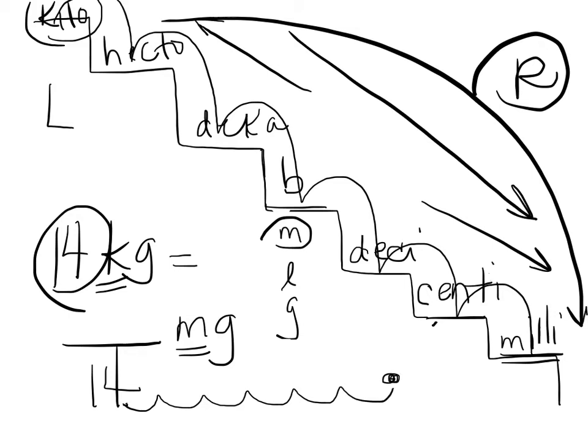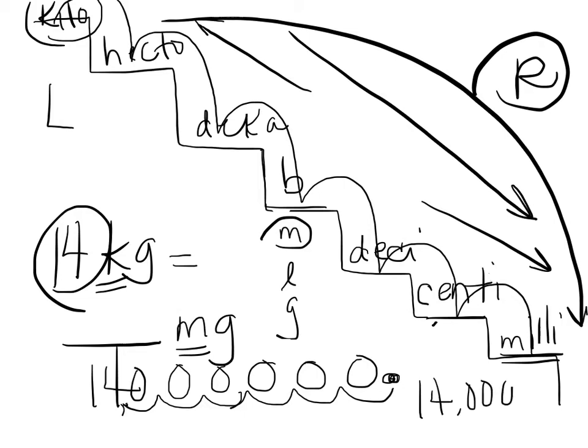All right, well that's going to be a big number because I have to fill these in with zeros. Sorry, I almost forgot one. So if I do this correctly, it should be 14 million milligrams.